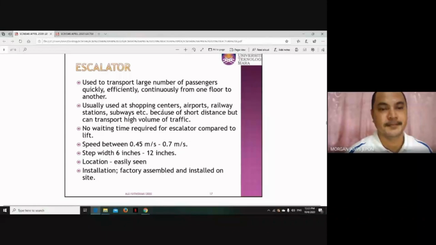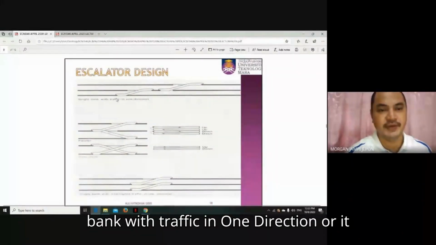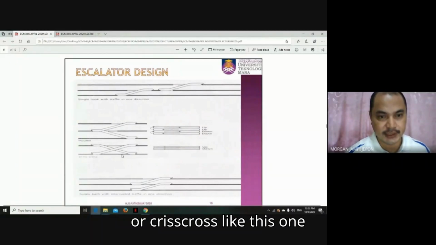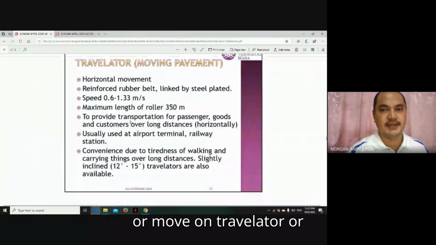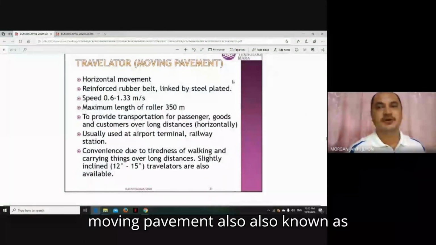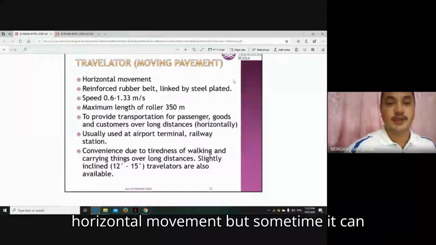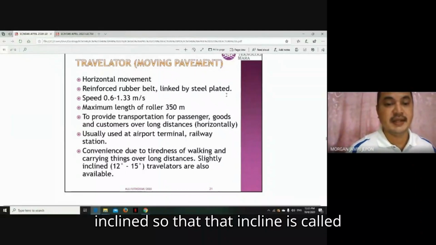For escalators, the design could be single bank with traffic in one direction, or parallel like this one, or crisscross like this one. Then move on to travelator, or moving pavement, also known as moving walkway.